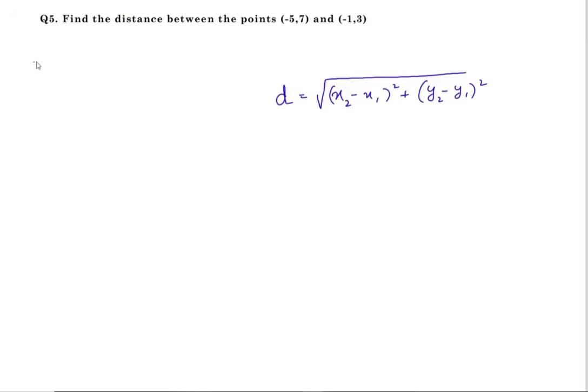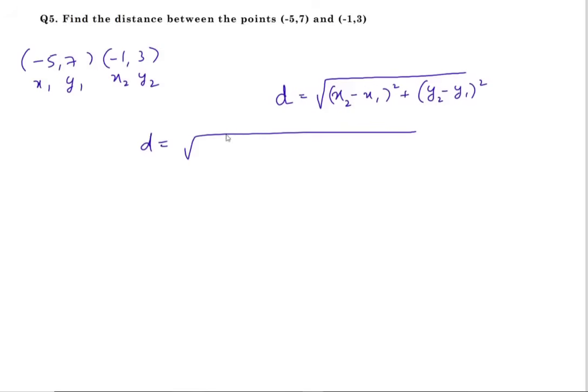What are the given points? Given points are minus 5 comma 7 and minus 1 comma 3. Take this as x1 y1, this as x2 y2. x1 is minus 5, y1 is 7, x2 is minus 1, y2 is 3. Now D equals what?